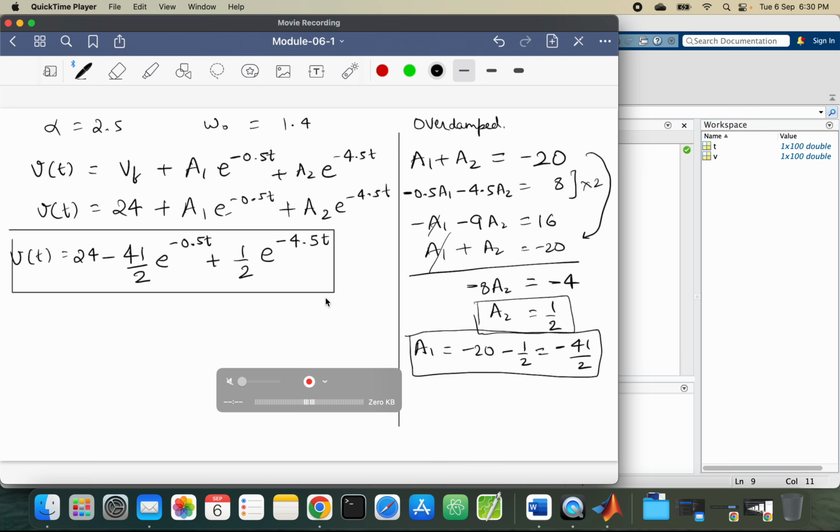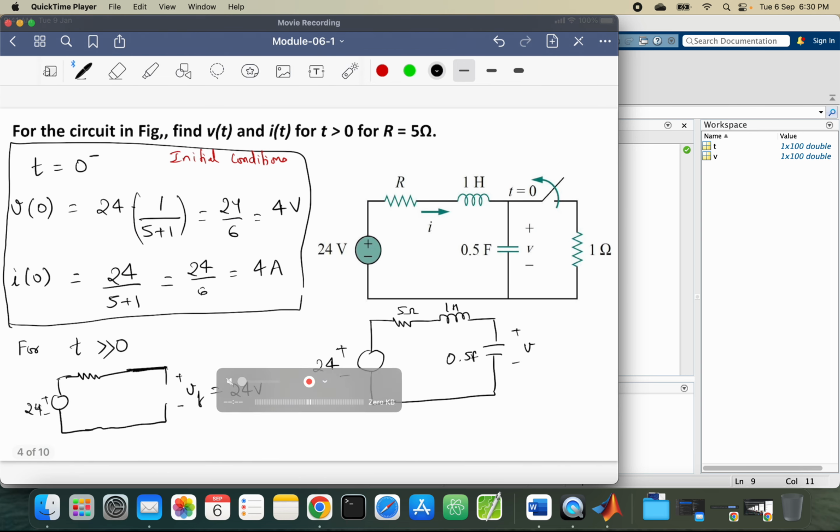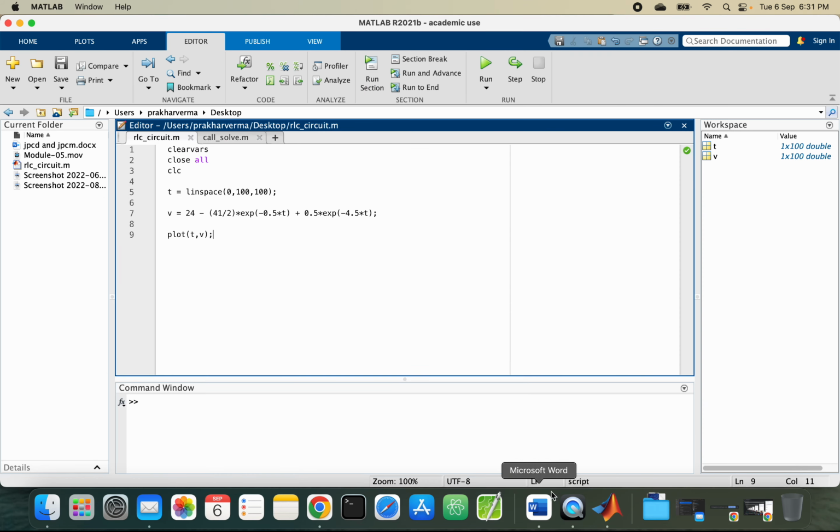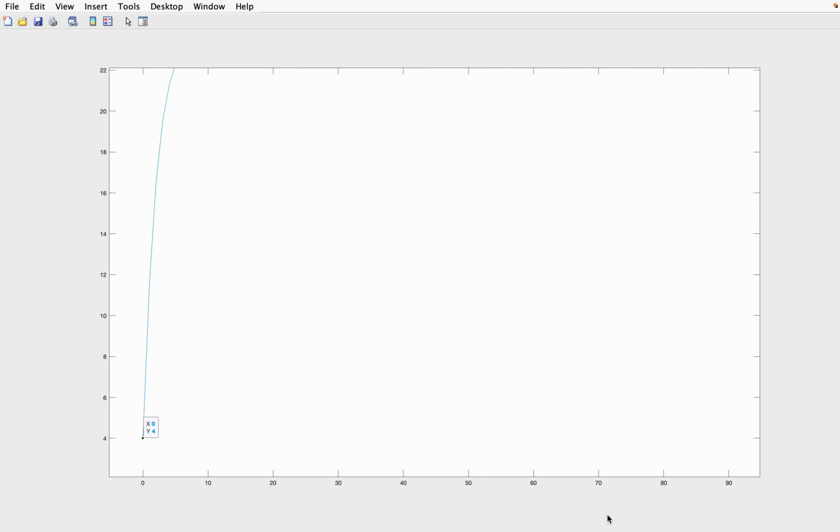Initially, we had calculated voltage V at time equals to 0 as 4 volts. So this is the 4 volt. At time t equals to 0, we are getting 4 volt. So our wave function, this means, is correct.